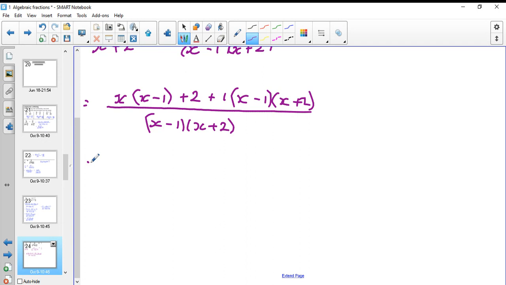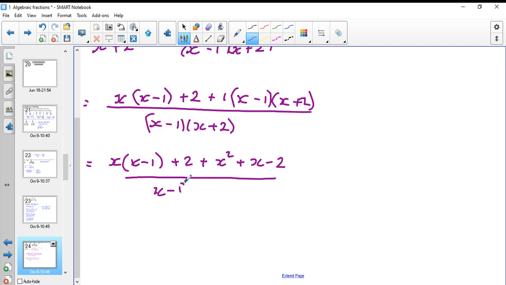Now we just need to expand and simplify that numerator. So we've got x minus 1, plus 2, plus x squared, plus x, minus 2. Just wondering why I didn't expand that out: x squared minus x.